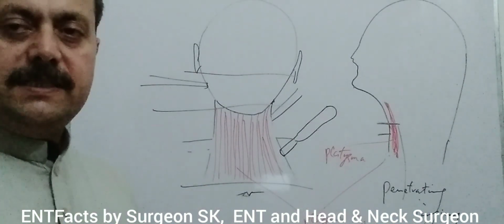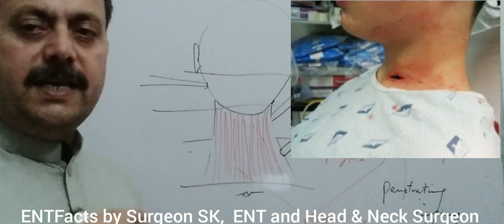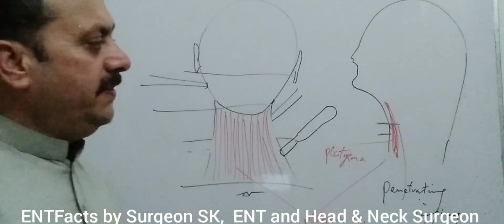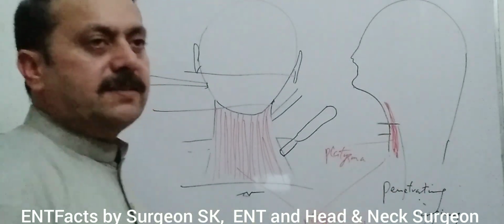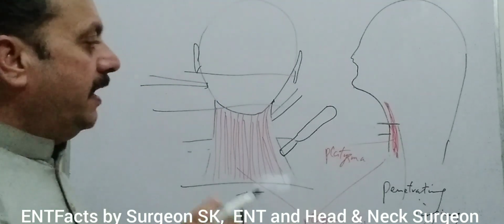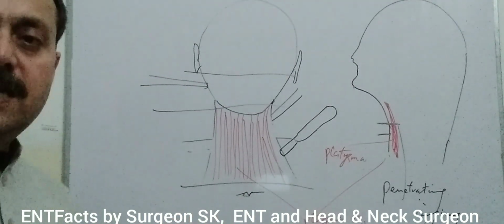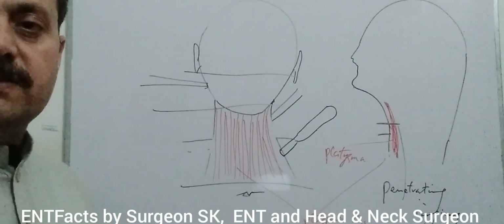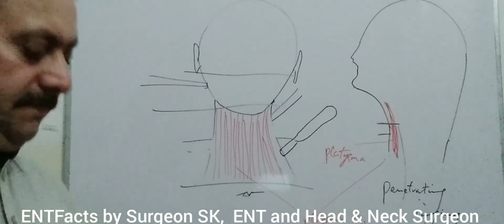So if the patient is otherwise fine and there is a wound in the neck, we should explore that wound under local anesthesia, so that we can know whether this wound has crossed the platysma or is superficial to the platysma muscle. If it's superficial to the platysma muscle, there is no need for exploration, there is no need to worry; it's not a penetrating wound, rather it's a superficial wound.